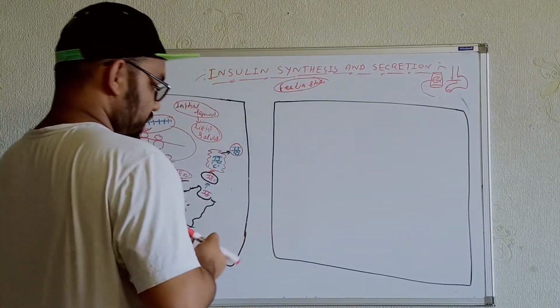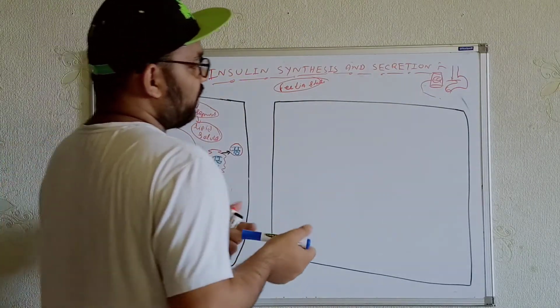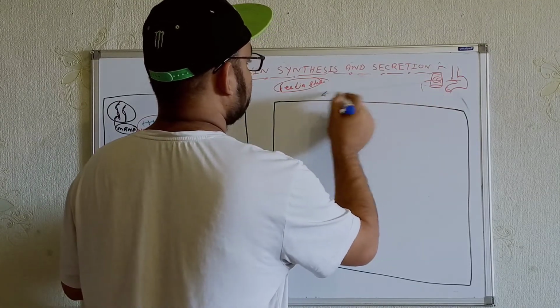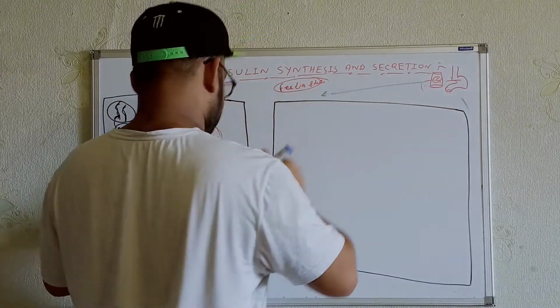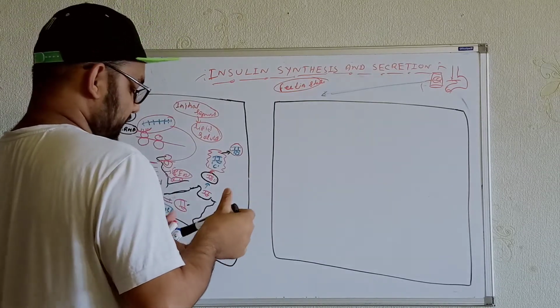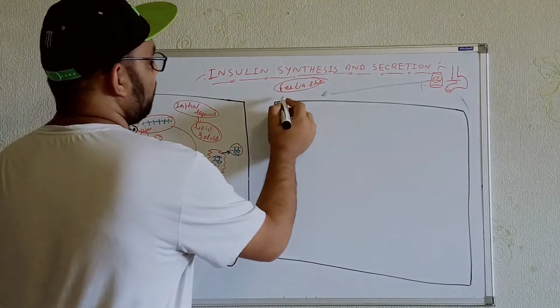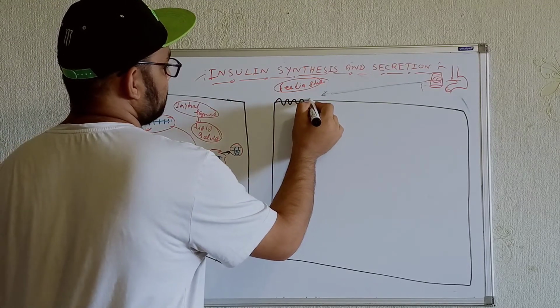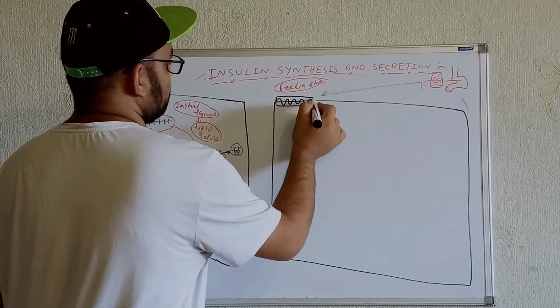Now see what we'll see. For example, we are getting glucose molecules, and there is one type of transporter within the pancreatic beta cells that is known as GLUT4. Let me just draw the receptor like this.